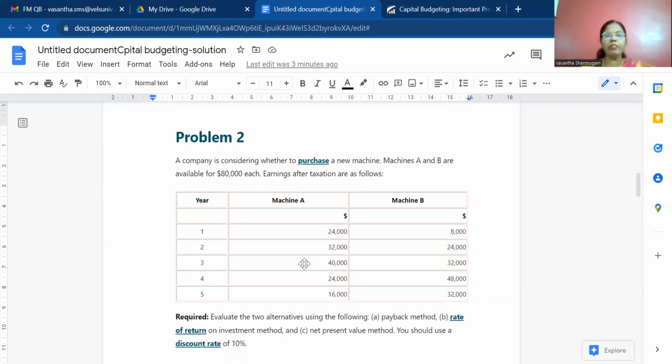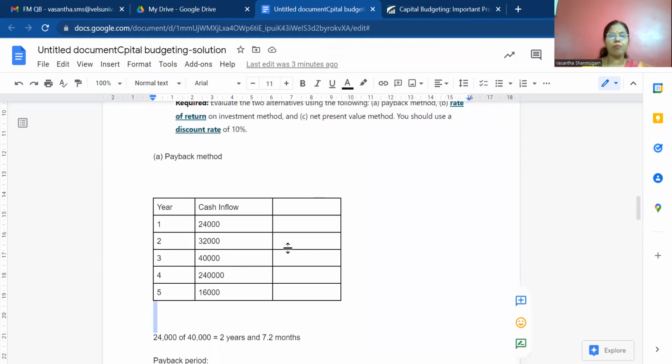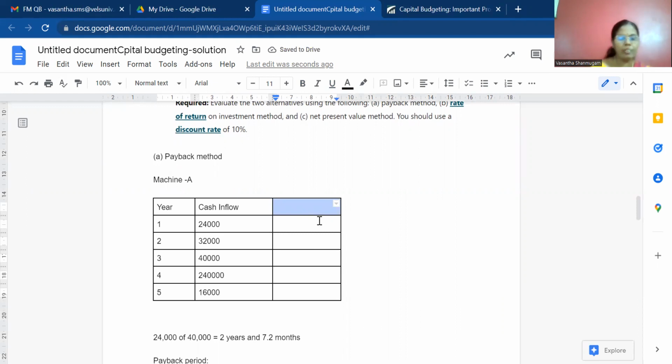Let me explain machine A; I will calculate it and show you, and you can do it for machine B. For machine A, first the cash flow, next calculate the cumulative cash flow.